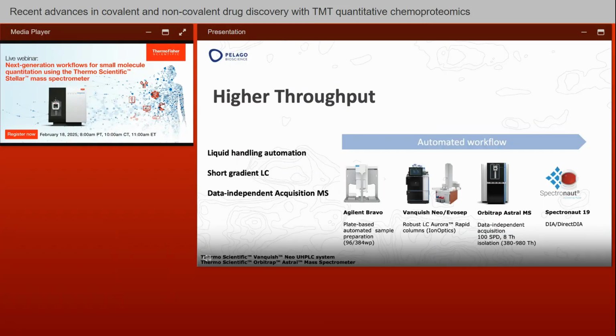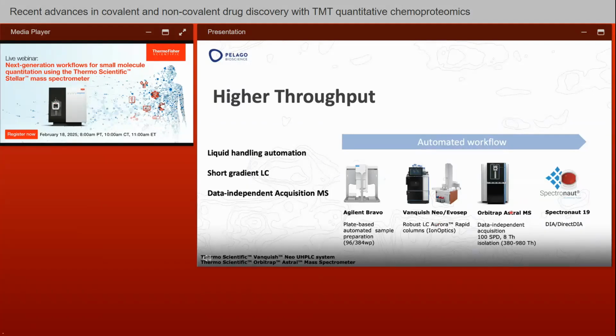In order to achieve that, we had to combine recent advancements on different steps of the workflow together, starting from sample prep, where we automated as many steps as possible using liquid handler robotics. We also use robust chromatography systems, Vanquish Neo or EvoSep, working with Aurora columns from IonOpticks, providing us with excellent separation.